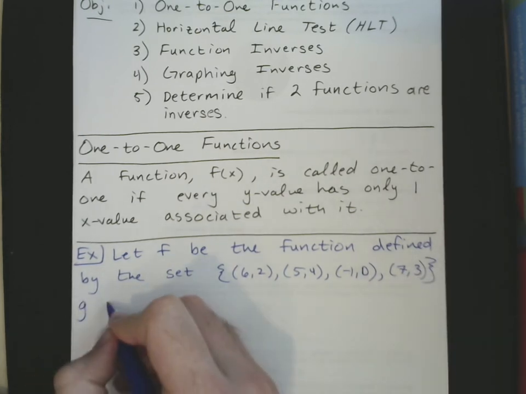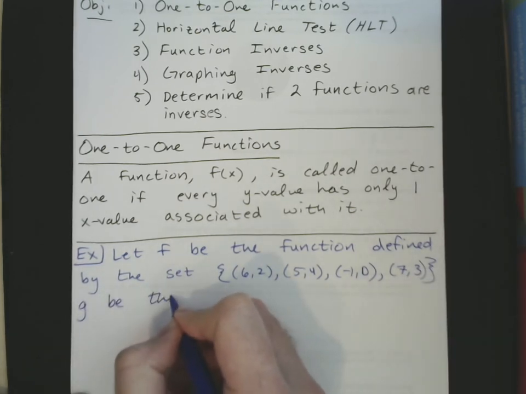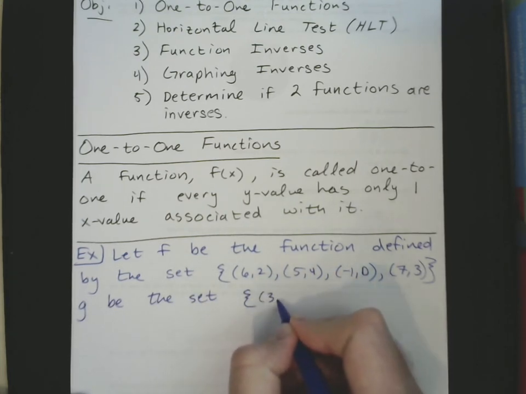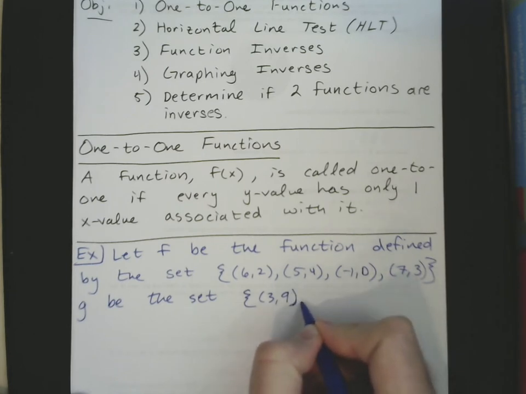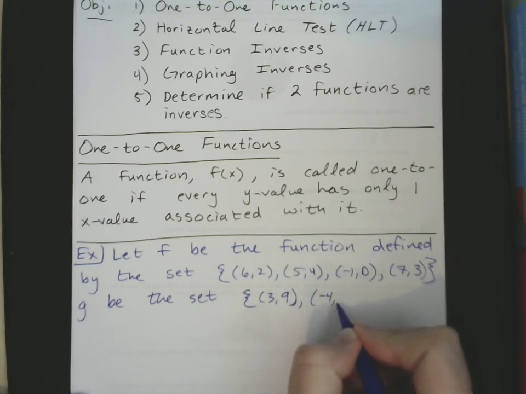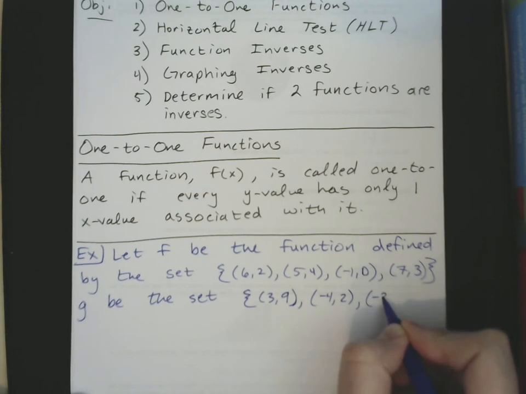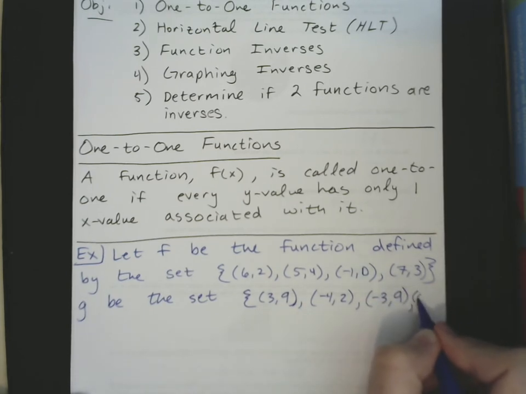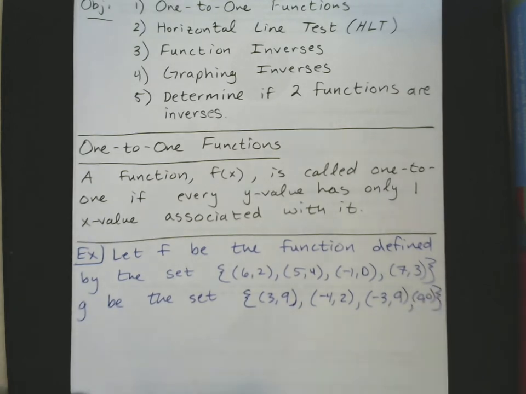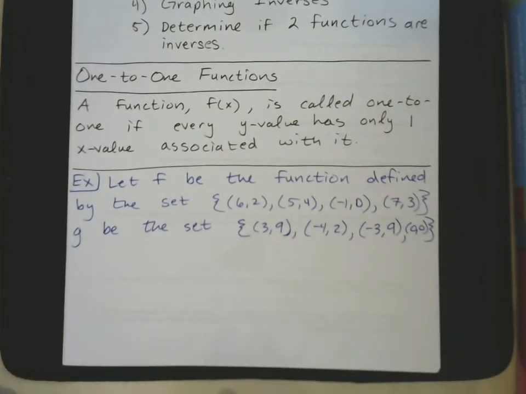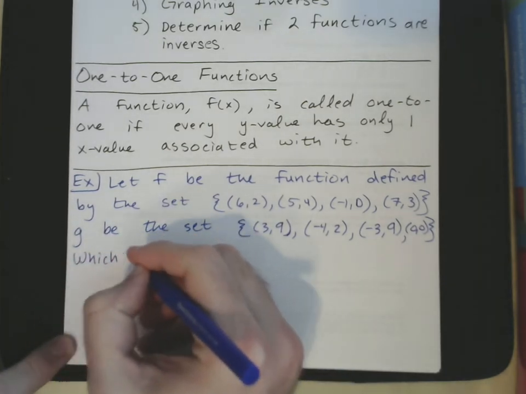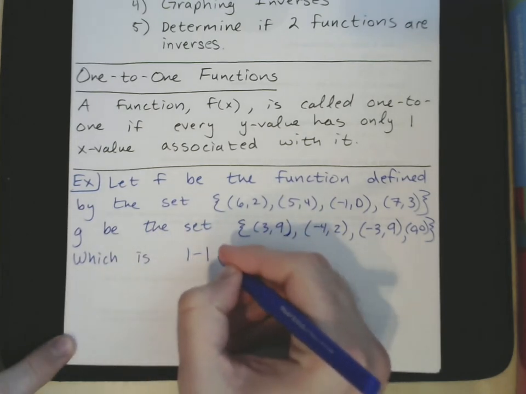And g be the function defined by the set (3, 9), (-4, 2), (-3, 9), and (0, 0). And we want to know which of these is one-to-one.